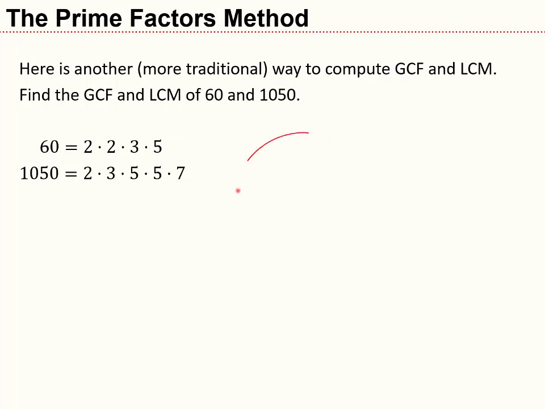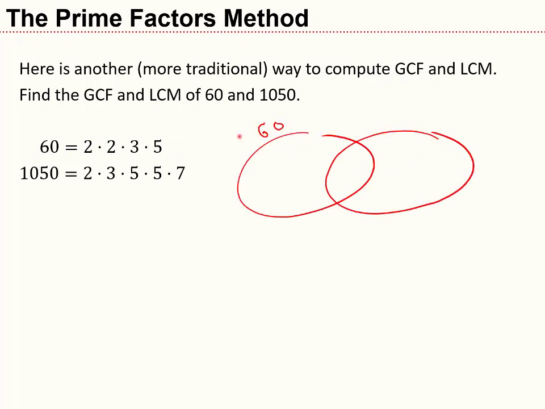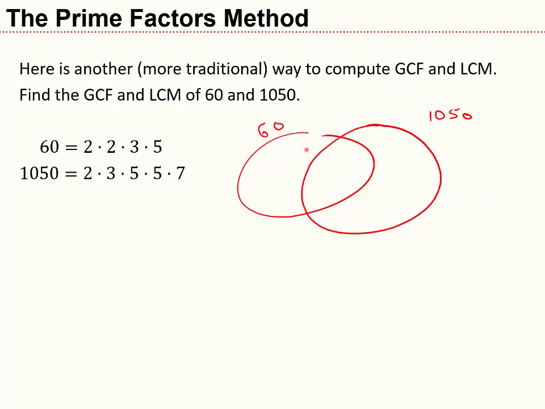All right, so then once I have that, I imagine two circles where one circle represents the factors in 60 and the other circle represents the factors in 1050. And I begin by looking at what are the common factors in both. In fact, maybe I'll make a little bit more room there. There we go, more room in the intersection. So I see that there's a common 2 that's in both.